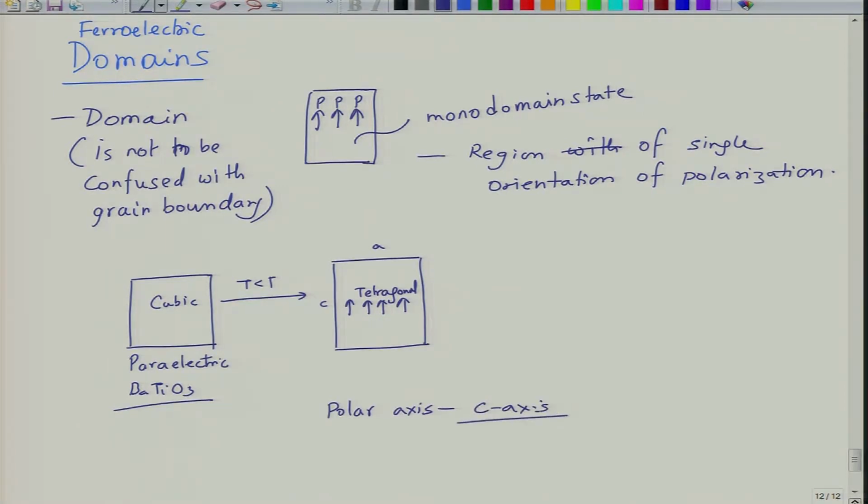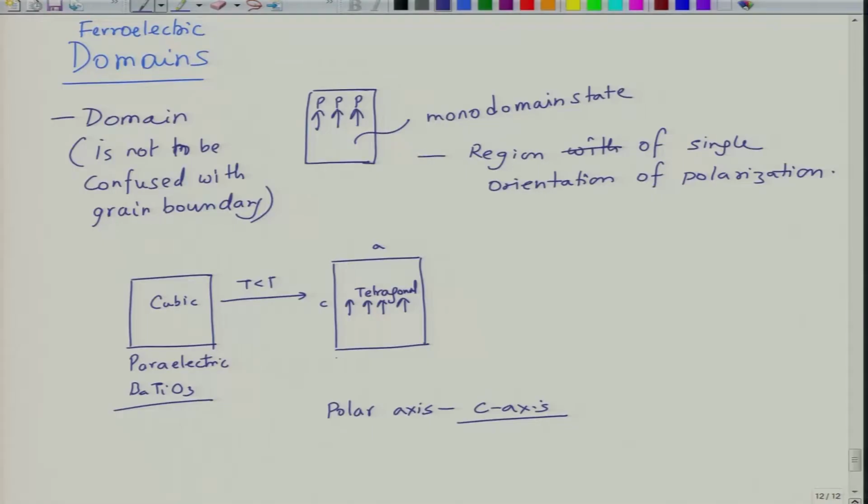You would assume that all the polarization vectors will be aligned in one direction. Now, if all these polarization vectors are aligned in one direction, you will have massive surface charge density. You will have all the negative charges here and all the positive charges here, so massive surface charge density on the surfaces of the crystal.